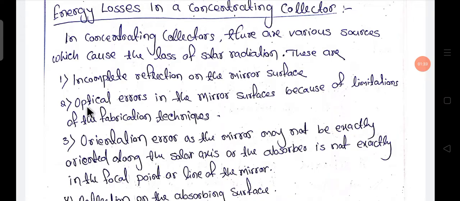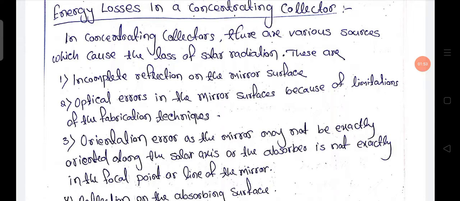Then the second one is optical error in the mirror surface because of the limitation of fabrication techniques. That is, when the mirror is made in the factory or industry, due to the limitation of the fabrication, there is an optical error.